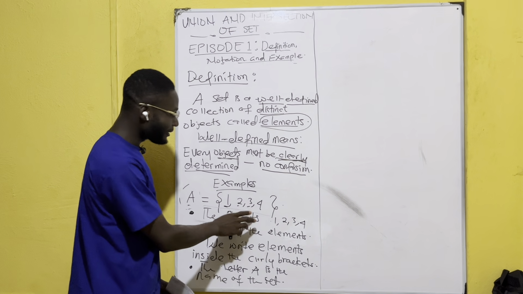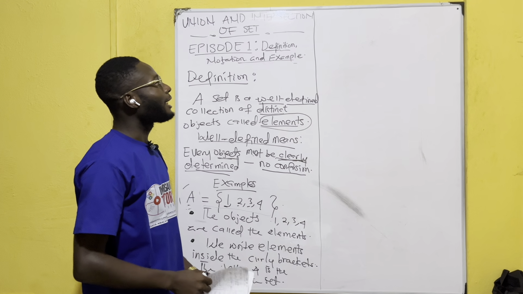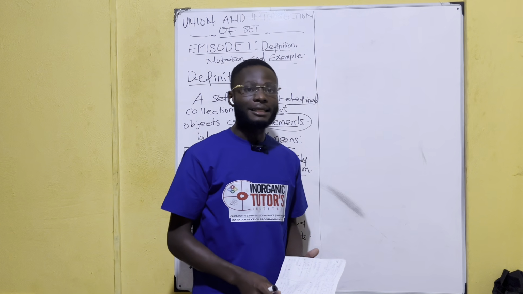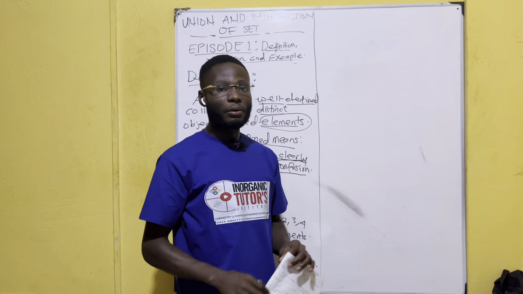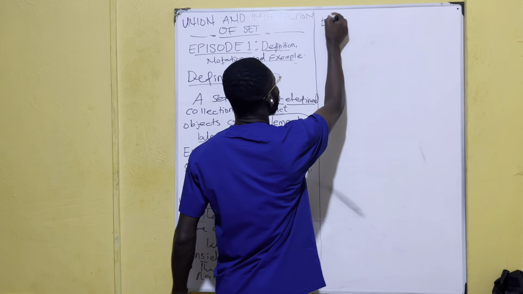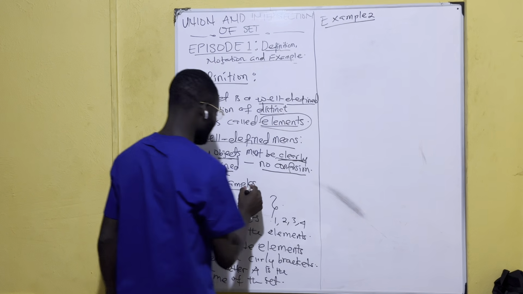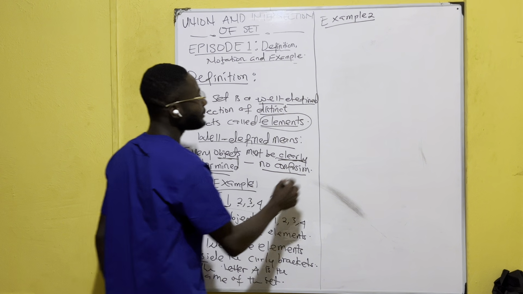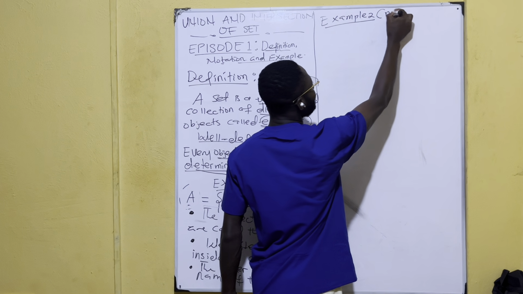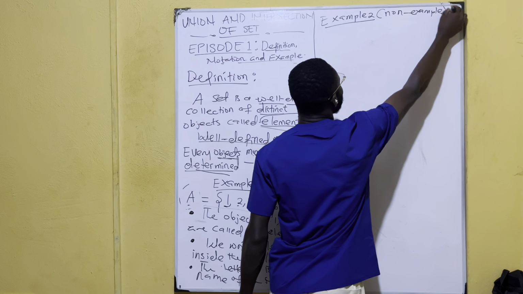Now, we know that this is how a set should look. Let's look at an example that is not a set, a non-example of a set. This is example 1. Example 2 is a non-example, or non-set.